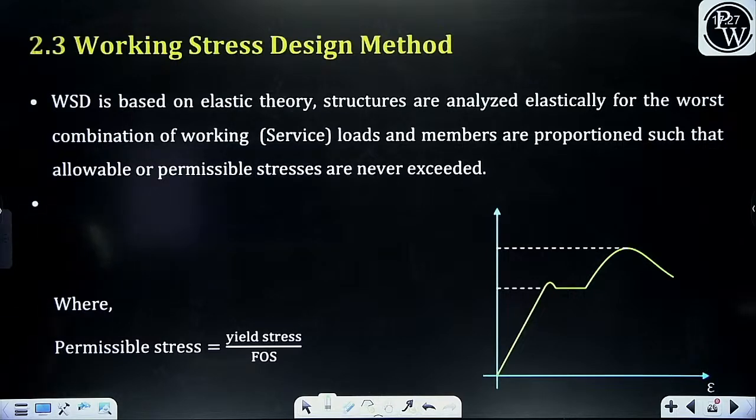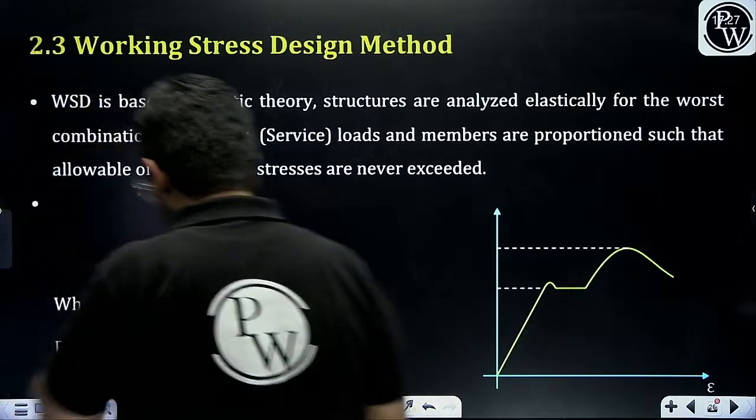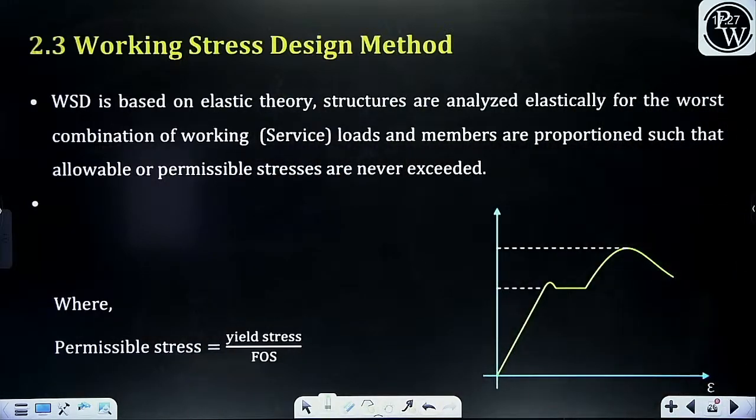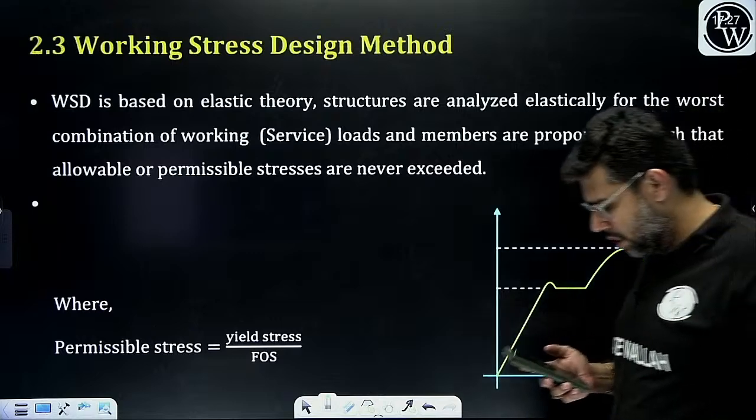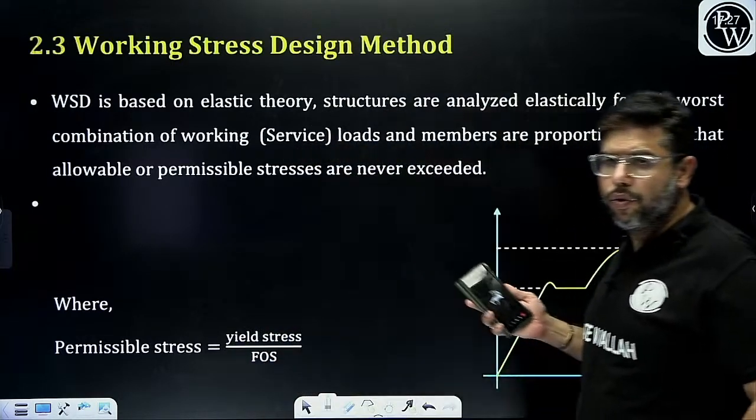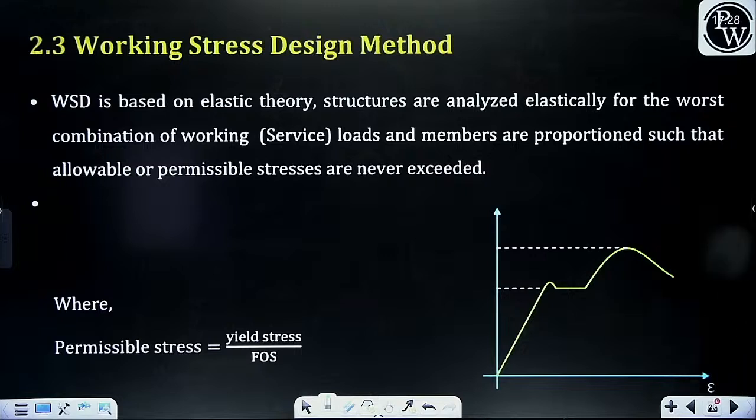From our side, the voice is almost okay, but I will tell the studio manager to increase it a bit. Till then, you read through this working stress design.